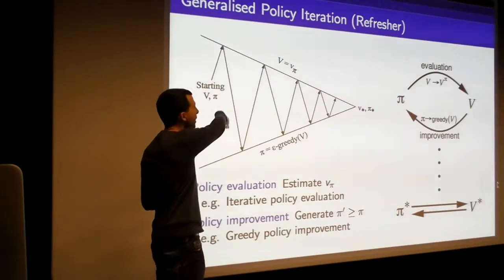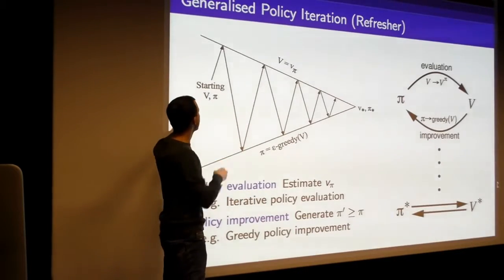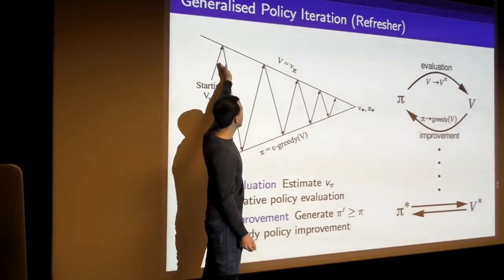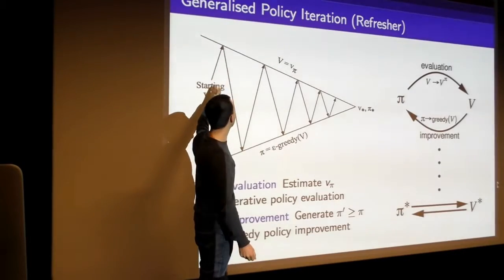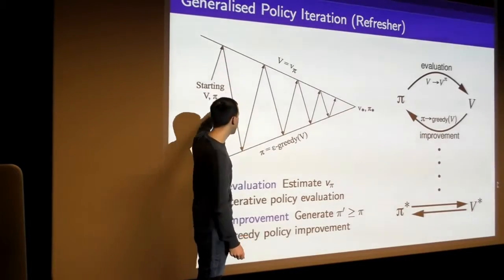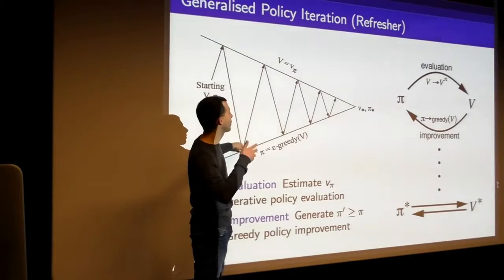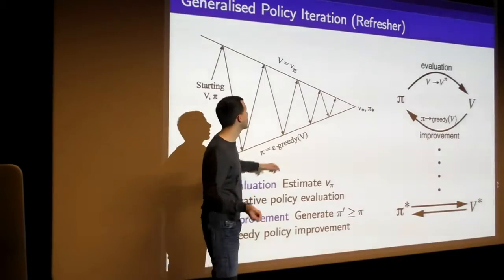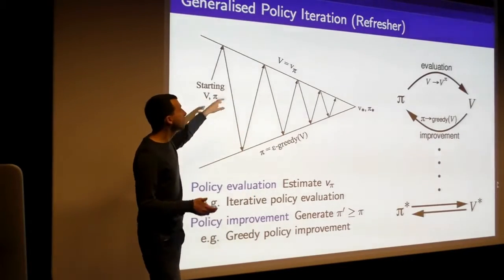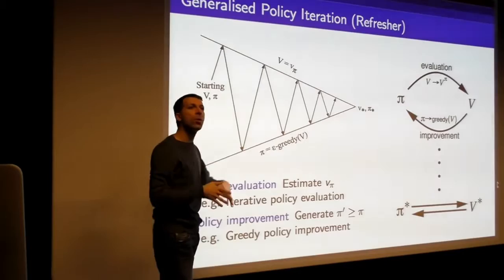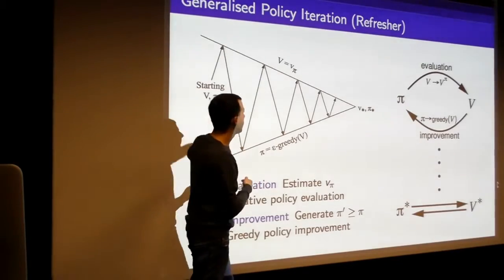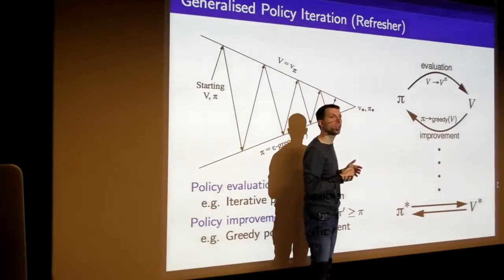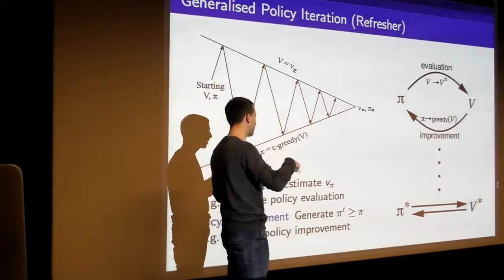We have this iterative process, which I sketched on this diagram, where you start with some value function and some policy, and every time you go up, you evaluate your current policy to get a new value function, and every time you go down, you act greedily with respect to that value function. This alternating process, as we saw in dynamic programming, does converge on the optimal policy and the optimal value function. It's just this cycle that can go round and round.